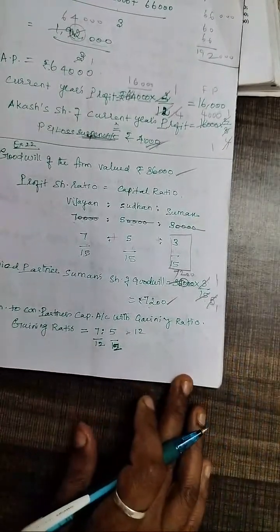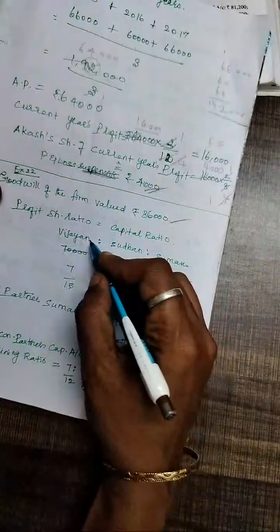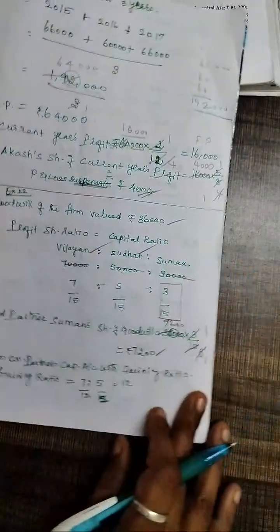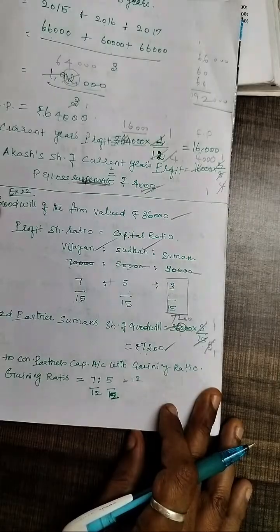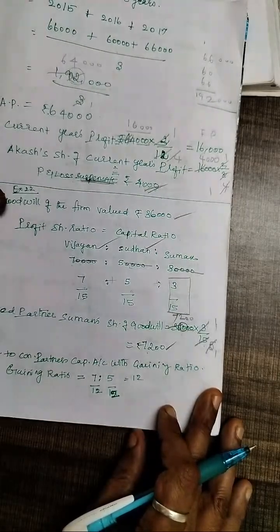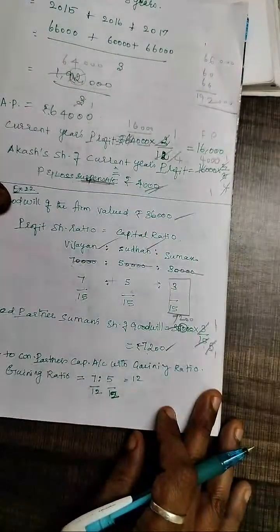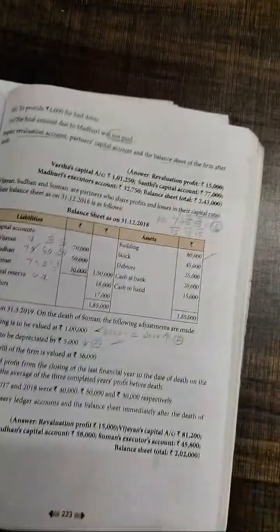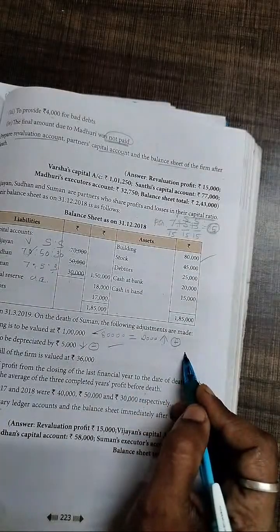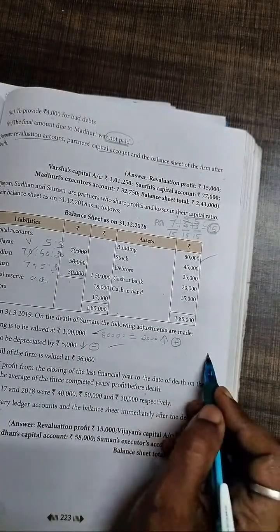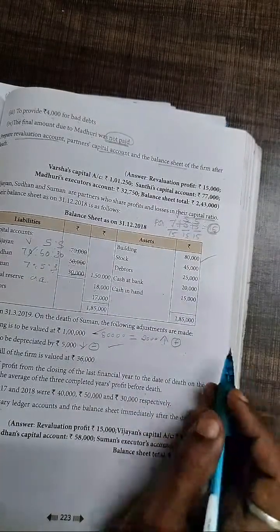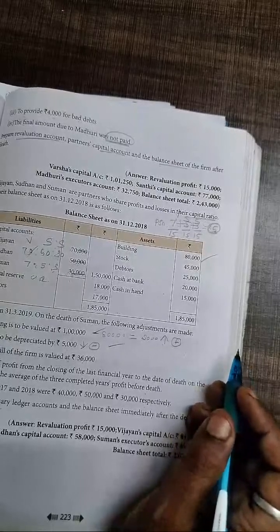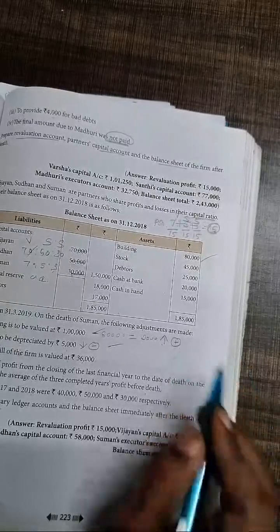Who are the continuing partners after Suman's death? Vijayan and Sudhan are the continuing partners. So what is their gaining ratio if it is not given in the question? If the new share is given in the question, we can subtract the old share from the new share and you will get the gaining ratio. But they didn't give the new ratio.